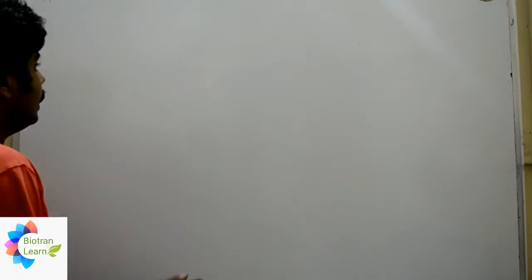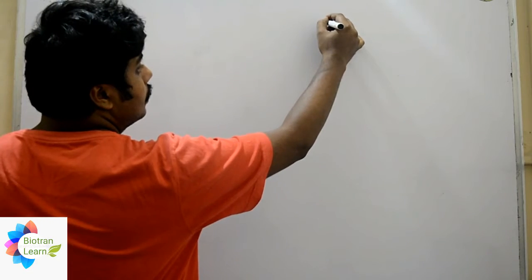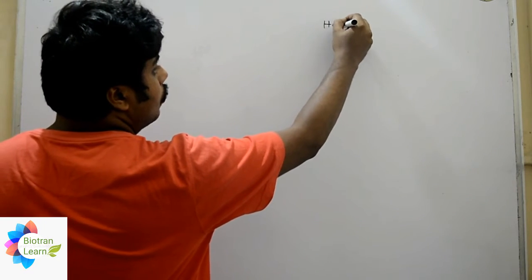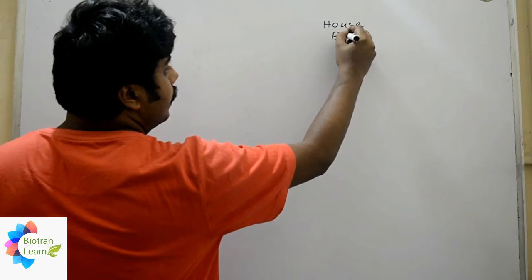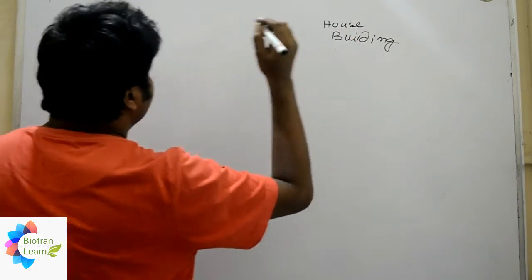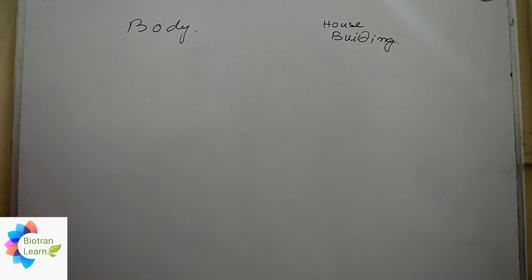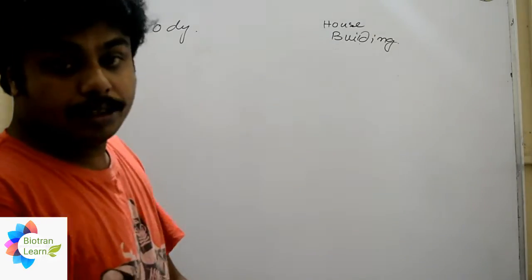Now suppose this is a house or building and this is a body. How can we relate between these two by using a cell?